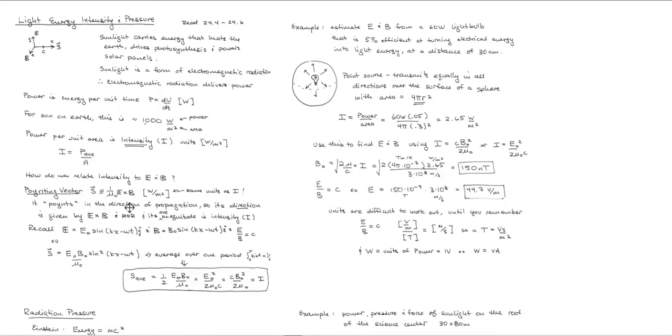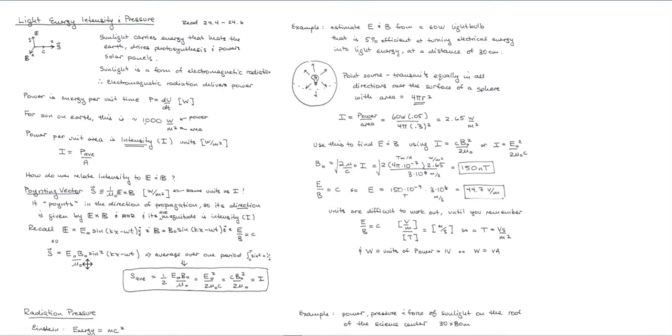So we have this formula for the Poynting vector S, and we know that electric and magnetic fields are a solution to a wave equation, and the solution to a wave equation involves a sine or a cosine, kx minus omega t. And if I plug these into my Poynting vector equation, I get EB sine squared of (kx minus omega t) divided by the permeability of free space.